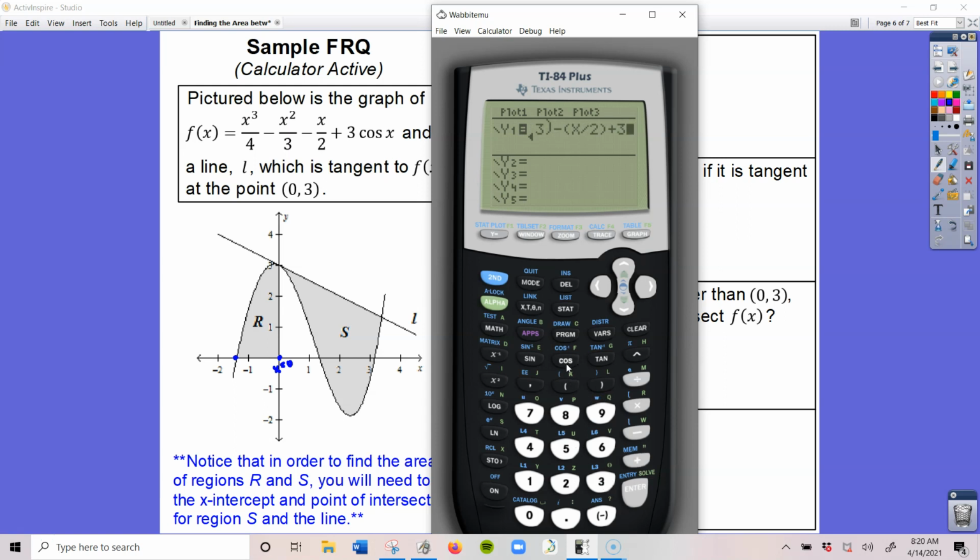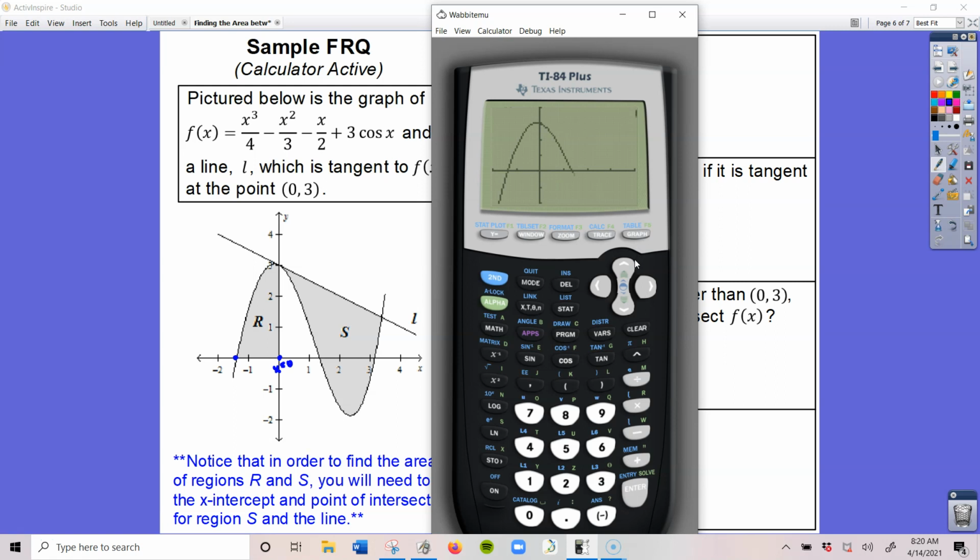Plus 3 cosine x. I'm going to check my window here. The x values you can see from here are from -2 to 4, so I'm going to go from -2 to 4. And for my y's, it seems here that it's from -2 to 4 as well, so I'm also going to place my window from -2 to 4 for the y's. Now I'm going to graph.